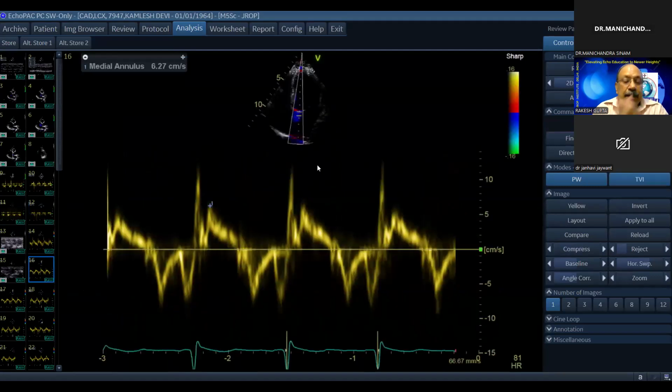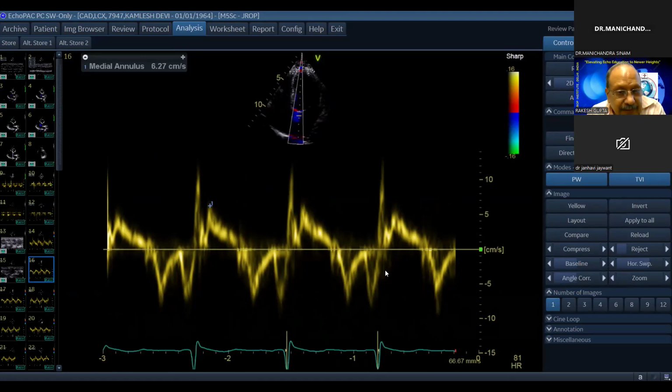That was one TDI velocity, this is another TDI velocity. This is more clear. In this image, we'll be able to measure it properly.